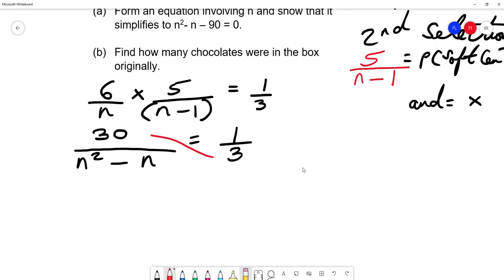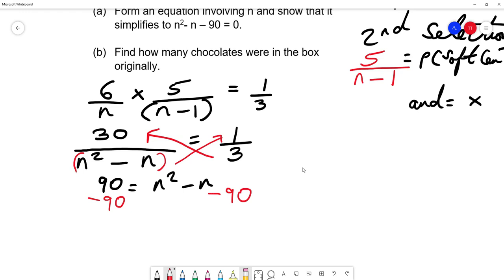So we take 3 times 30, and take all of n squared minus n and multiply it by 1. So 3 times 30 is 90. And that gives me 1 times n squared minus n. So now we want positive 90 to go on the other side, so I'm going to minus 90 on both sides of the equation. So I get n squared minus n minus 90 equals 0. And that's what we had to do for part A.